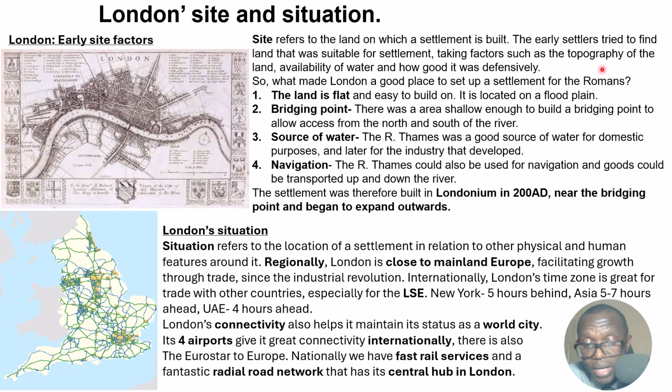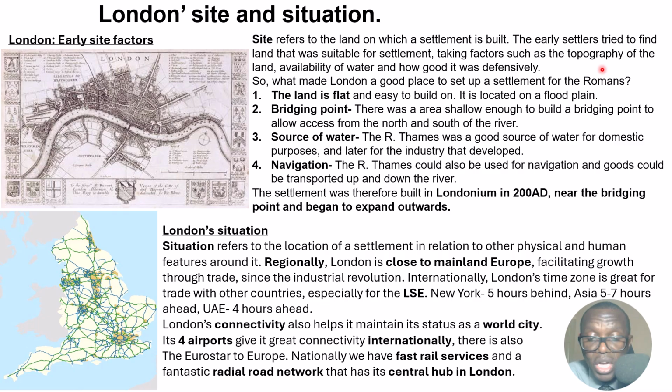There's London Heathrow, London Gatwick, London Stansted, and London Luton. Those give London connectivity both internationally and locally. Then we also have the Eurostar to Europe, which is a very fast way of getting into Europe.